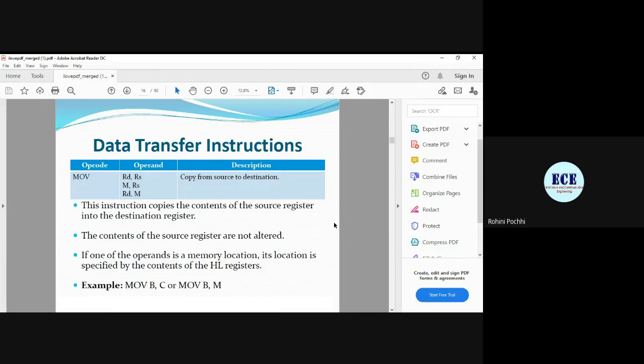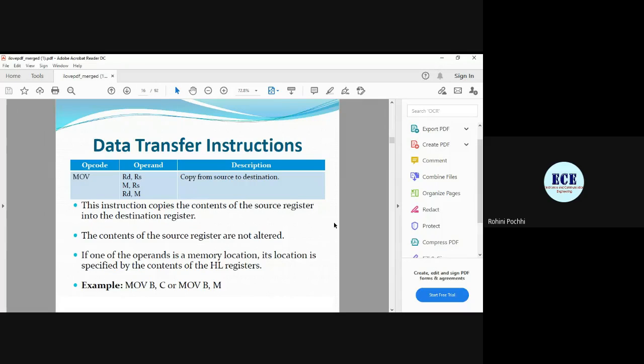This instruction, that is MOV, copies the content of the source register into the destination register. The content of the source register is not altered, means whatever data is present in the source, it will directly be copied as it is to the destination.